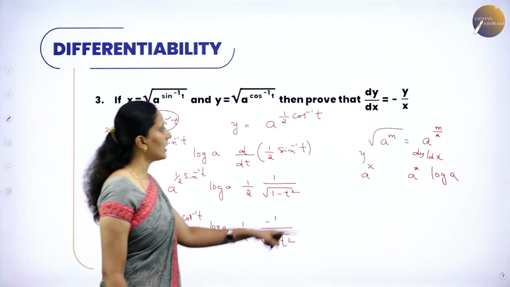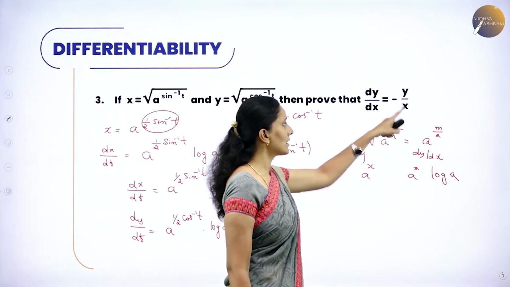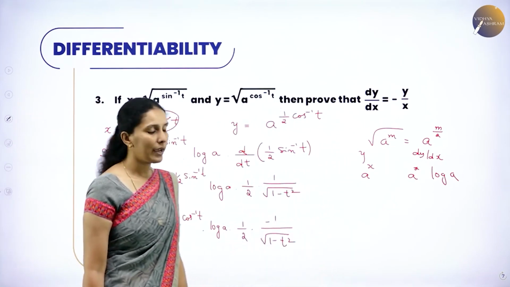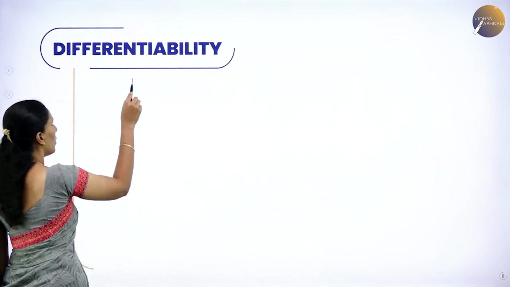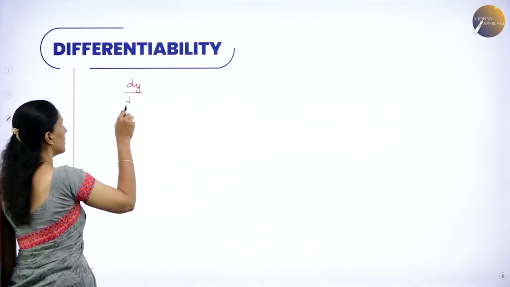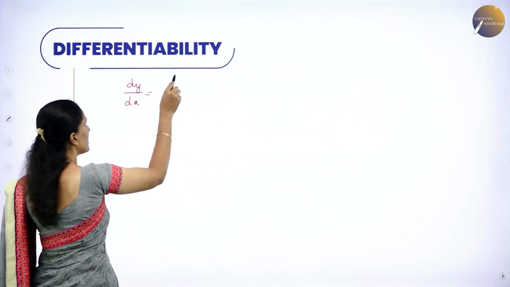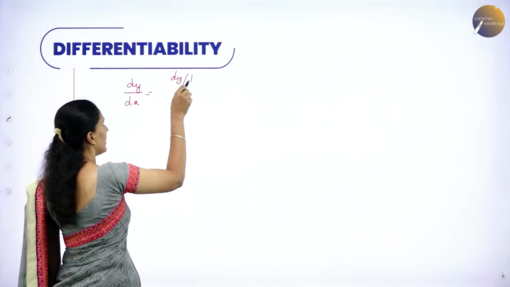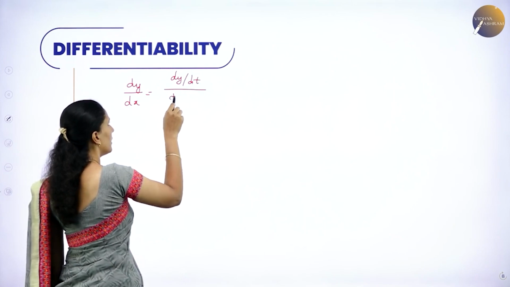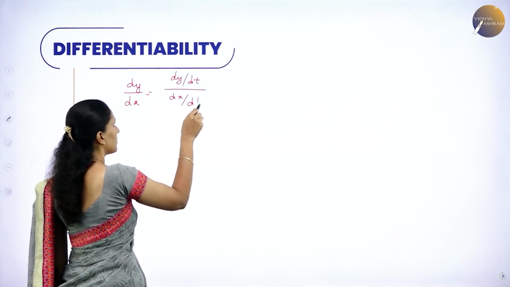Now here I need to show that dy by dx is equal to minus y by x. Let's see here what is dy by dx. Dy by dx here is dy by dt over dx by dt.